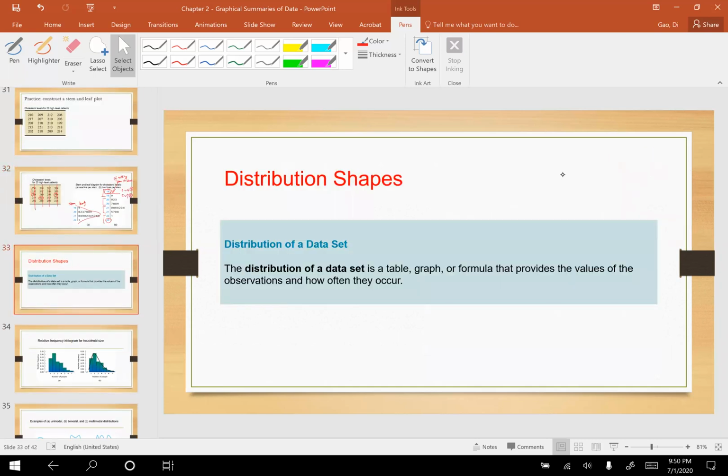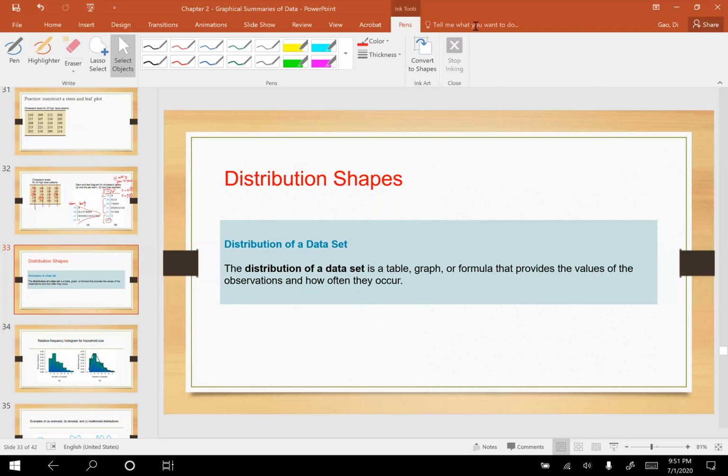Now let's look at something called distribution shapes. The distribution of a data set is a table, graph, or formula that provides the values of the observations and then how often they occur. In chapter 5, we're going to start to discuss this distribution.